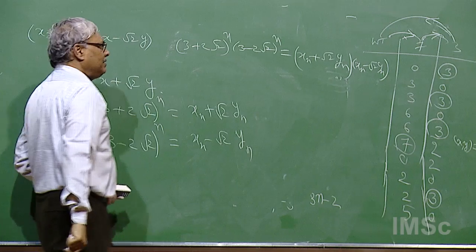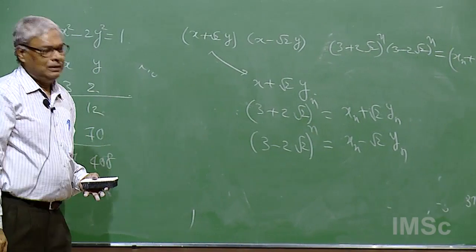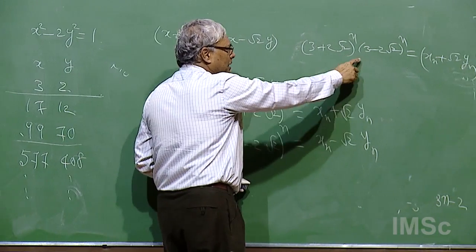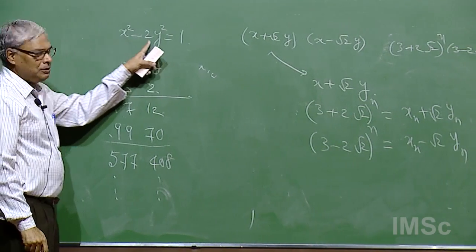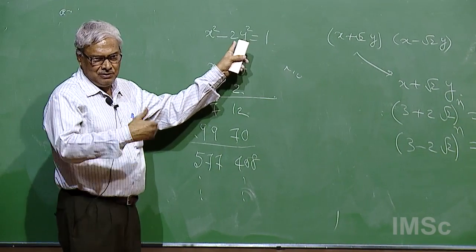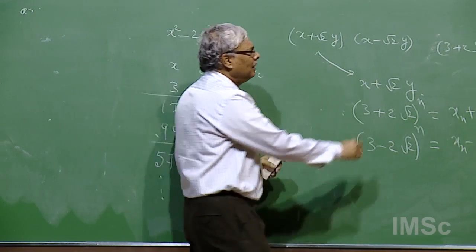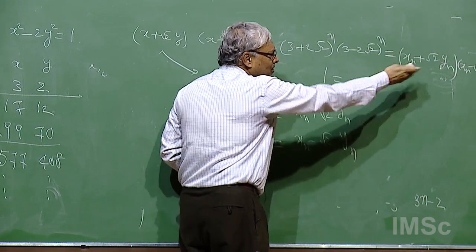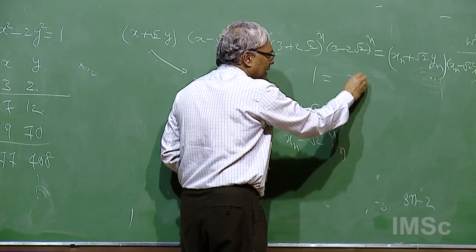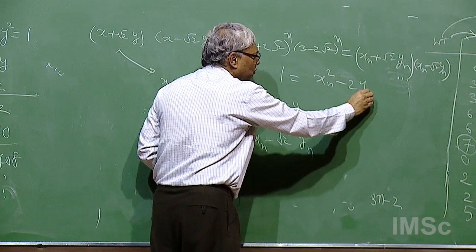So what will be the left hand side? Yes, 3 plus 2 root 2 times 3 minus 2 root 2 is 3 squared minus 2 into 2 squared, which was a solution of this equation, which happens to be the left hand side here. So that has to be 1. 1 to the power of n is 1 again. And this multiplied would give us xn squared minus 2 yn squared.